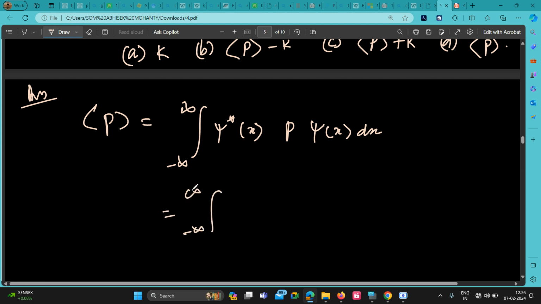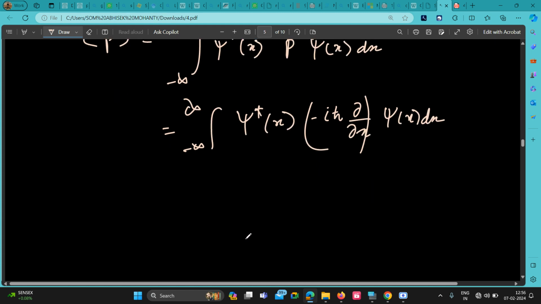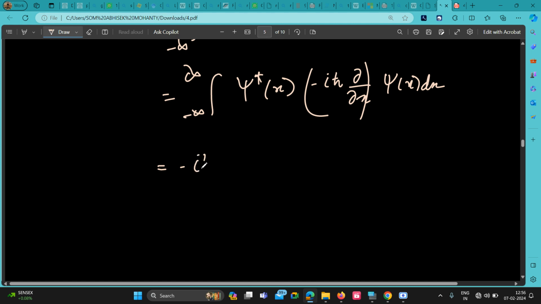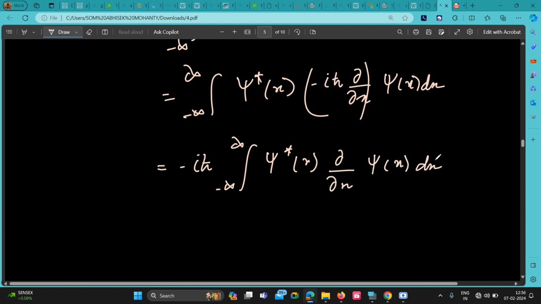P can be written as minus i h cut del by del x, so I can take minus i h cut out: minus i h cut integral from minus infinity to infinity of psi star x del by del x of psi x dx. Is that all right?